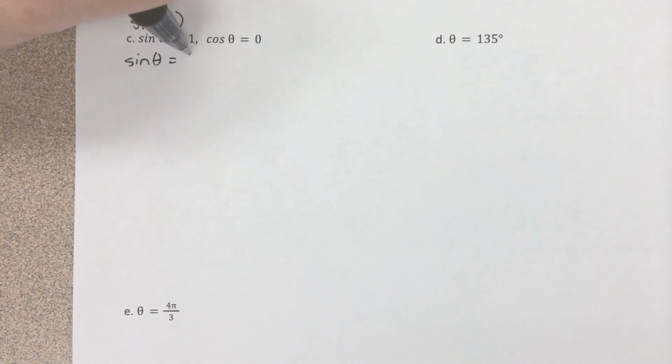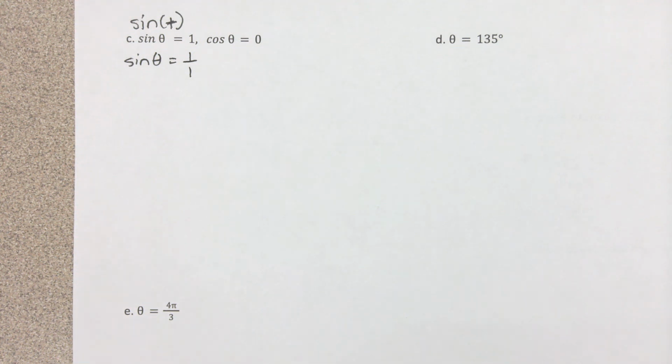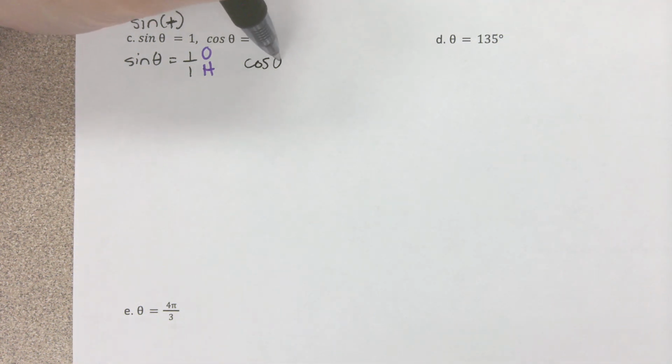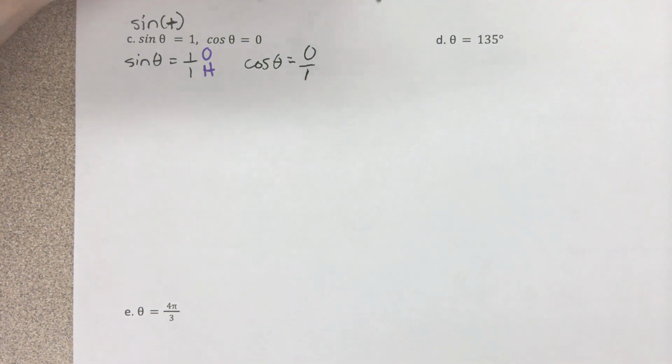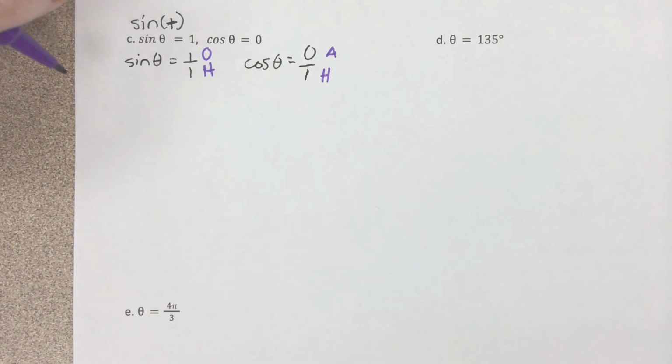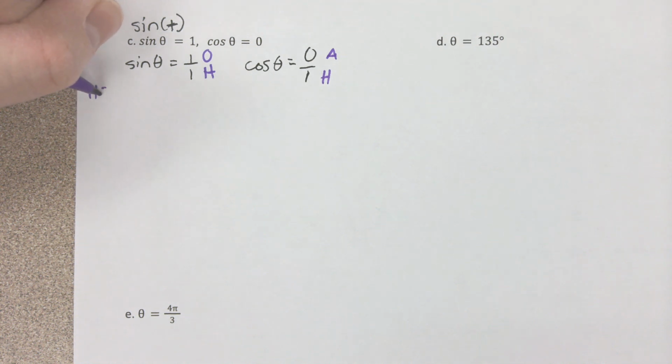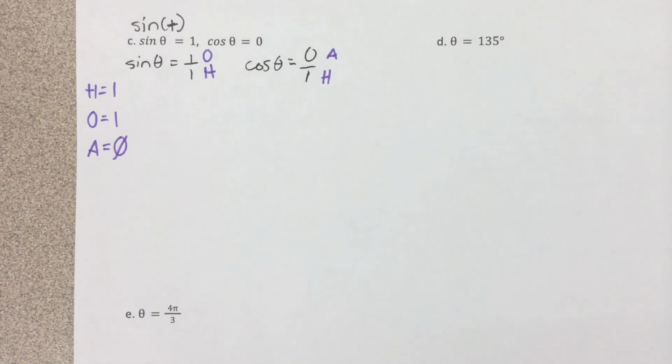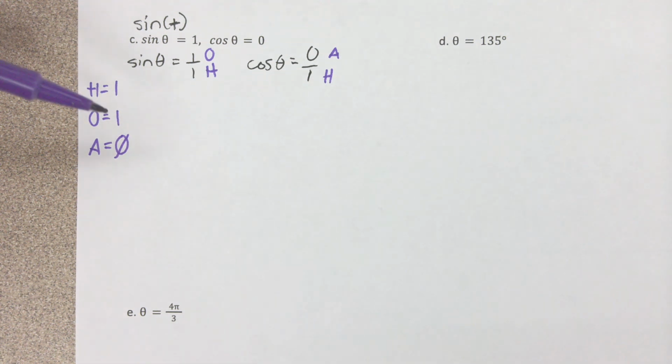That means sine of theta is 1 over 1, which gives us our O and our H. And cosine of theta is 0 over 1, which is our A and our H. So I'm going to make a list over here. H is 1, O is 1, A is 0. Once again, if one of these is 0, it'll never be the H. If O or A are 0, again, dead giveaway, we're on the quadrantal.